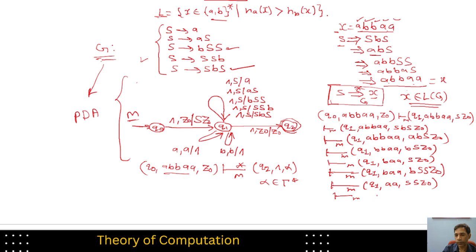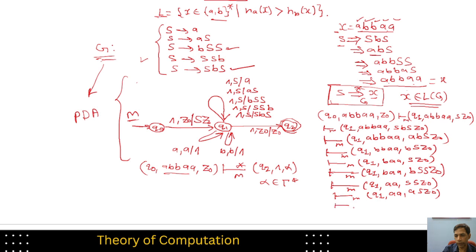Here you are at the state Q1, and top of the stack is non-terminal, so you are not going to consume the input, and you are replacing S with the string, S derives A. So you have the A. Okay. So we are having the A, and here you have the S and Z0.